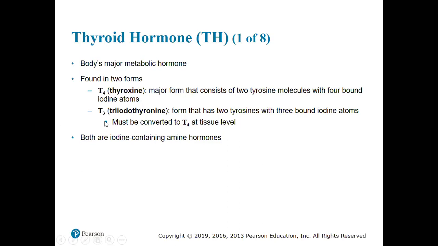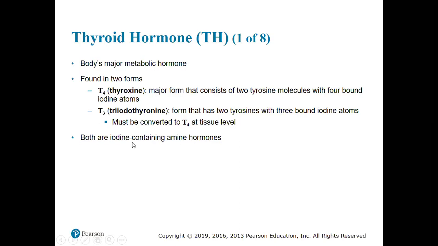Now, T3 in this particular case has 2 tyrosines with 3 iodine atoms. It says here that T4 must be converted to T3 at the tissue level. So these thyroid hormones, T4 and T3, are both iodine-containing amine hormones, or amine, however you want to pronounce it.